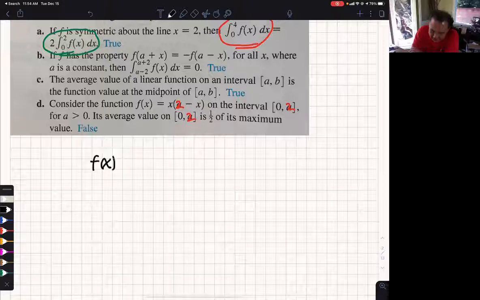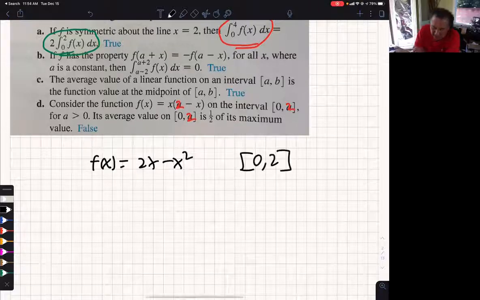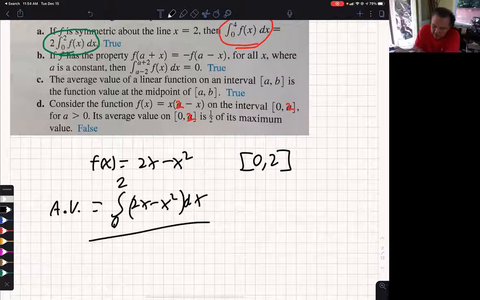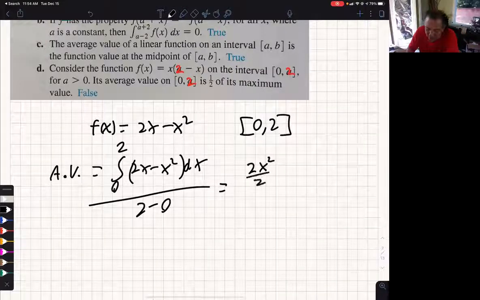So f of x will be 2x minus x squared on the interval from 0 to 2. And the average value, I can do that. You integrate from 0 to 2, and then you divide by 2 minus 0. Let's keep going. The antiderivative of 2x is 2x squared over 2.